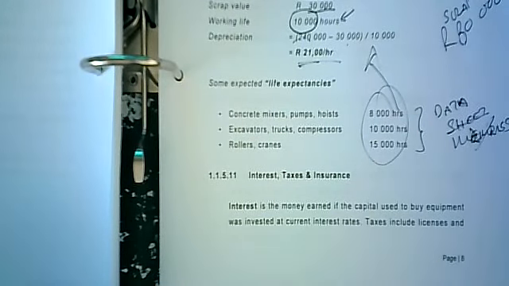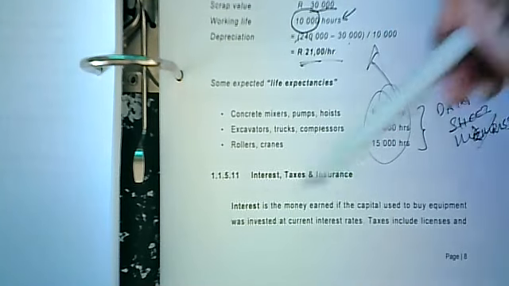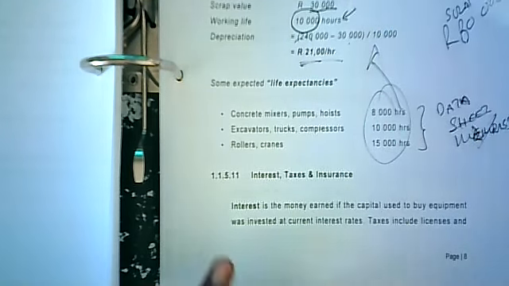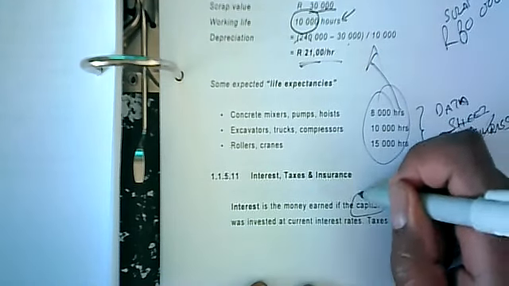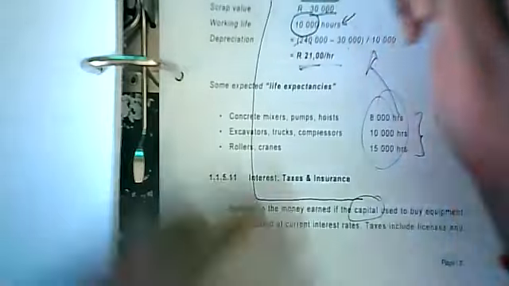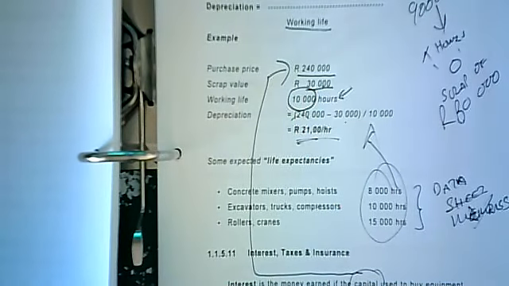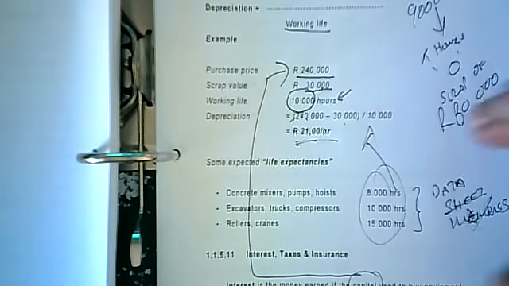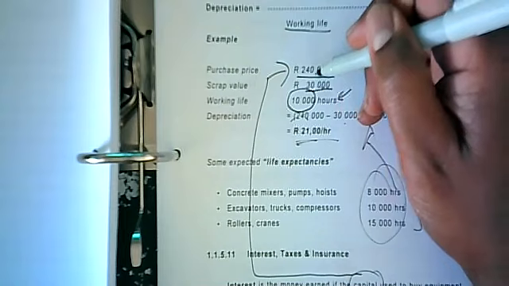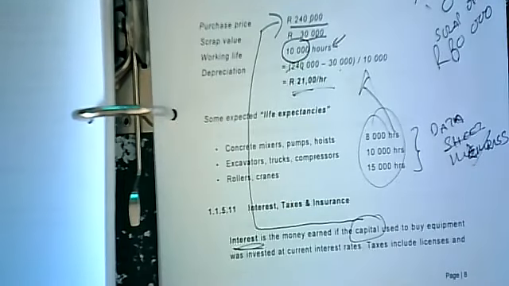Interest, taxes, and insurance. Interest is the money earned if the capital used to buy equipment was invested at current interest rates. So what are we saying? If we chose to save that money and not buy the machine, instead we went and hired it, how much interest would we have made?